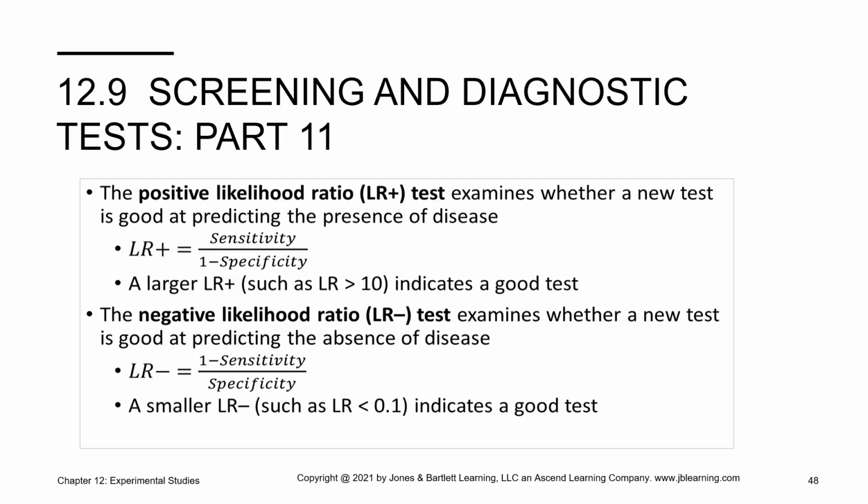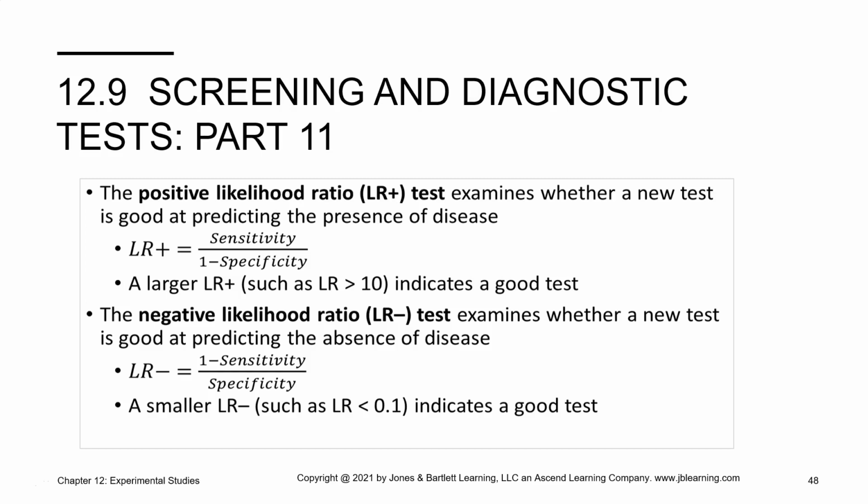So the positive likelihood ratio test examines whether the new test is good at predicting the prevalence of the disease. So it goes a little bit further past number needed to treat and those epidemiology terms, and it looks more at predicting diseases. So a positive likelihood ratio is sensitivity over 1 minus specificity.